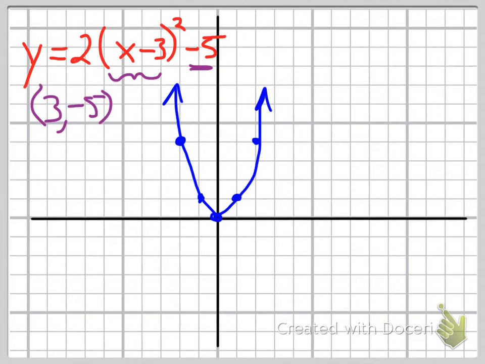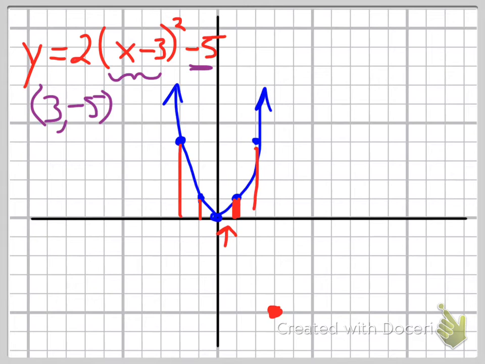So if I take a look at my locator point or vertex being at (3, -5), and now I use my parent function, I'm going to look at all my vertical changes of that parent function. When I go 1 unit to the right, I go 1 unit up.